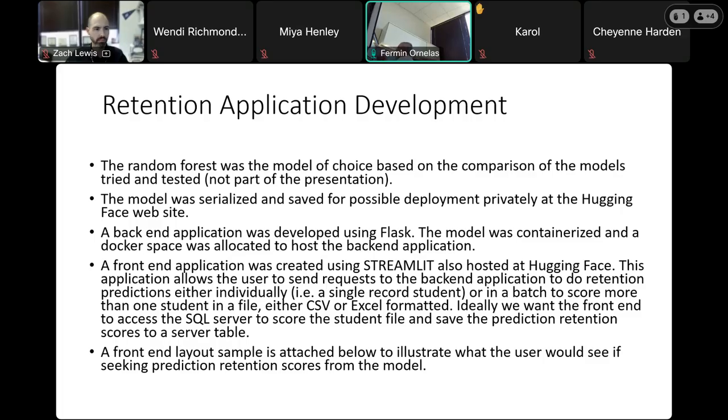This is basically a 2-piece development. One was a backend application using Flask, where the output of the model gets saved.